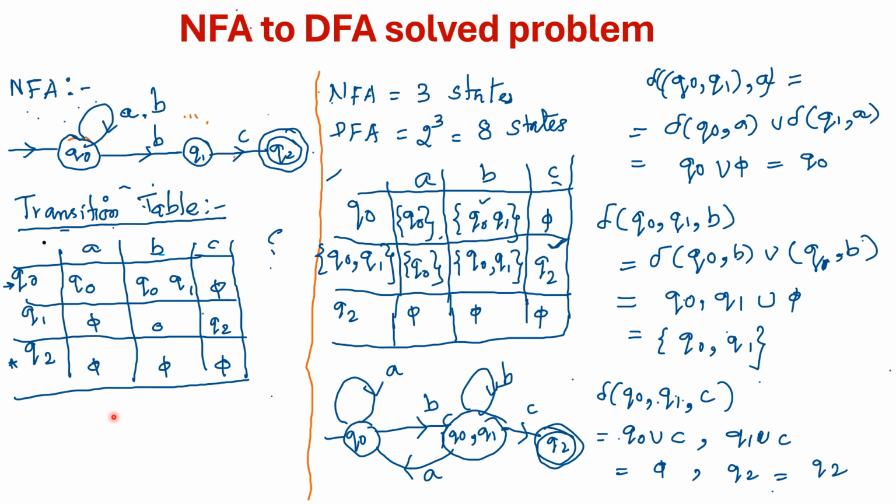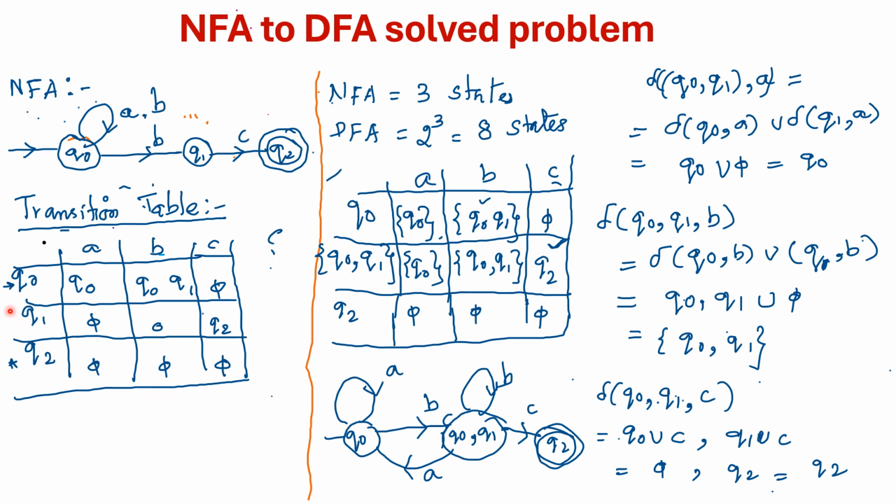We can draw the transition table. Already we know how to construct the transition table, and through the transition table we are going to find the combinations of new subsets.